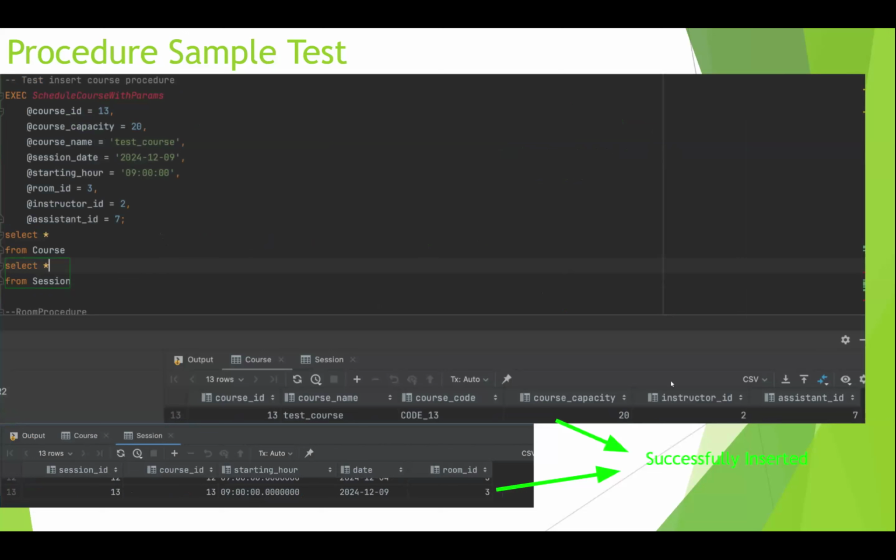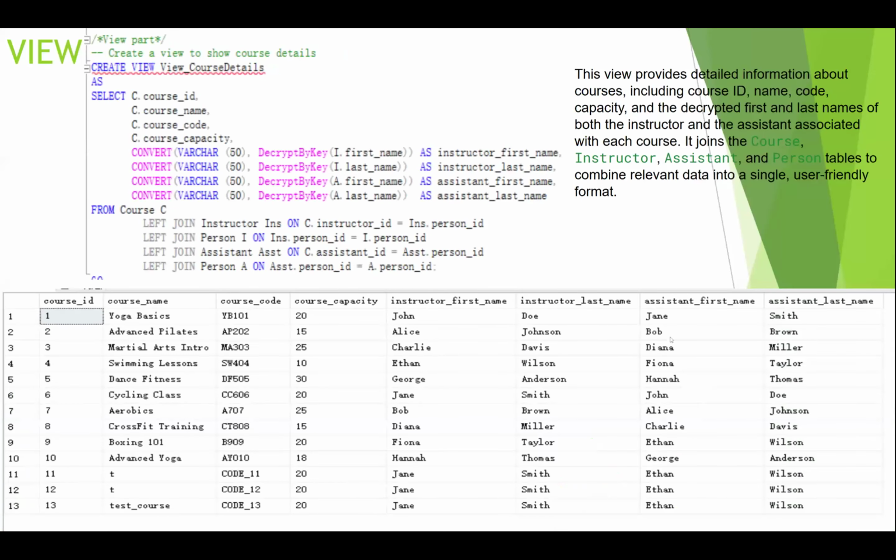And for the view part, the first view is to provide detailed information about the courses, including the course ID, name, code, capacity, and the first and last name of both instructor and assistant associated with each course. It joins the course, instructor, assistant, and person tables to combine relevant data into a single user-friendly format.